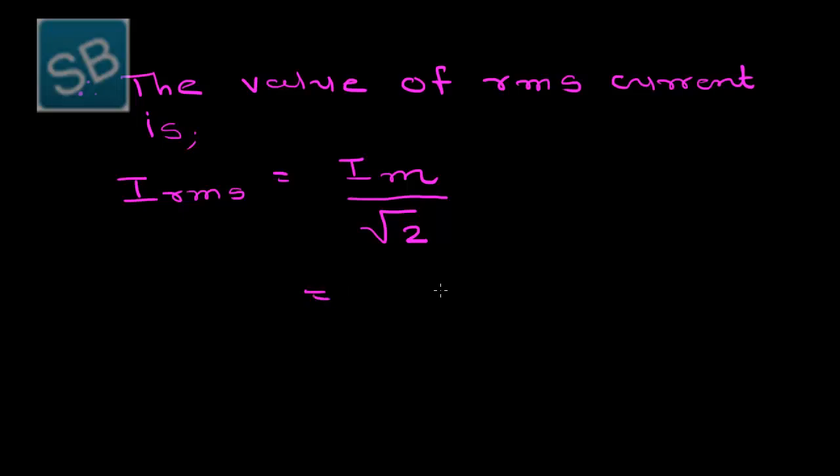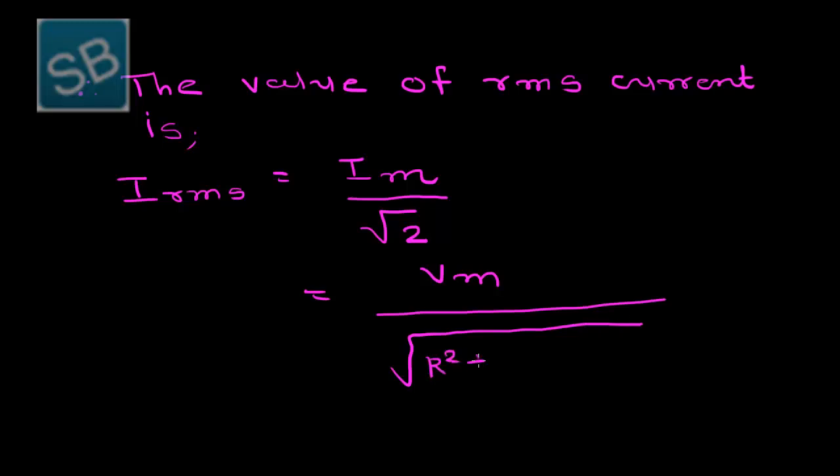The value of Im is Vm divided by under root of R square plus (omega L minus 1 over omega C) whole square, and don't forget to divide by this under root 2, which I am putting in the numerator.